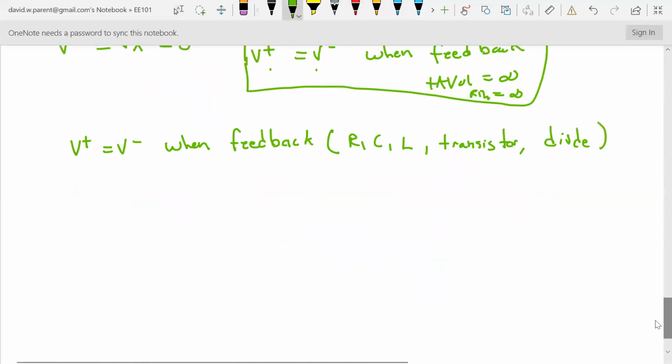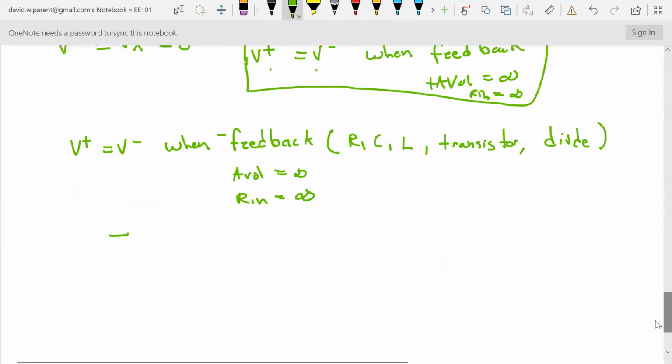There are all ways to feed back. We have feedback, and the open loop gain is equal to infinity, and Rn is equal to infinity. When all that's true, and I'm just going to put negative feedback, then we can say that.